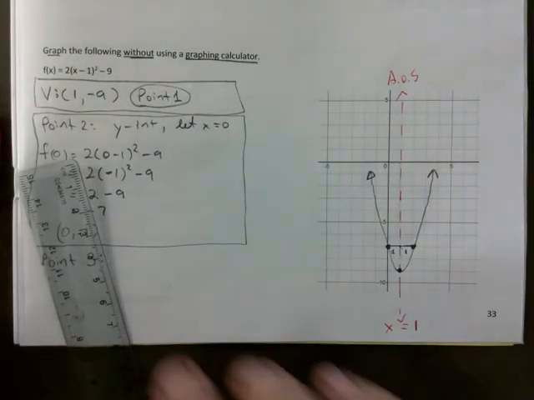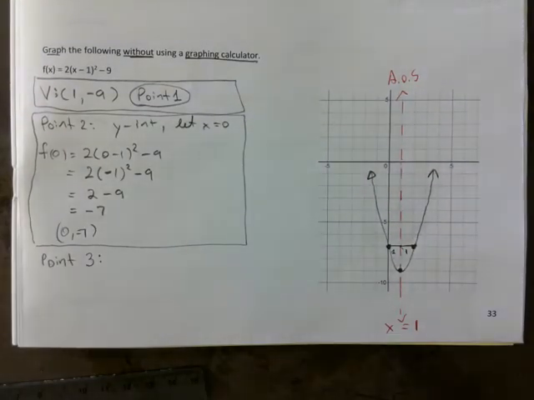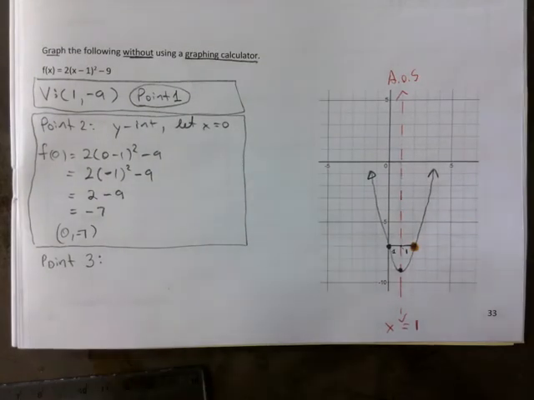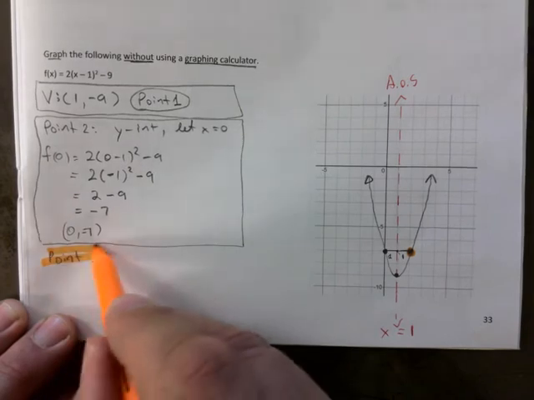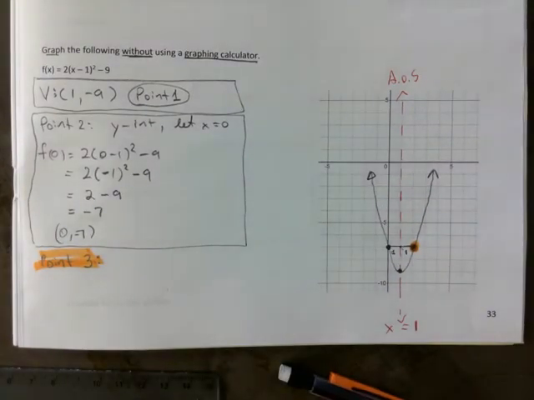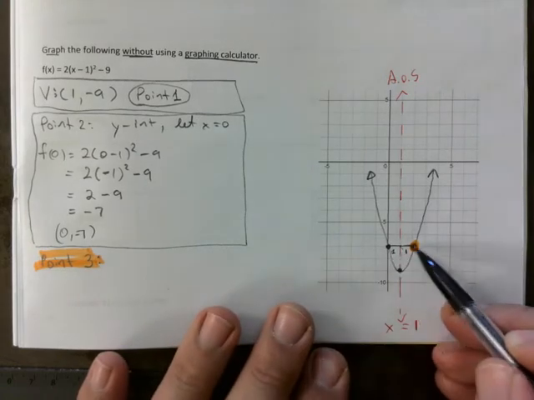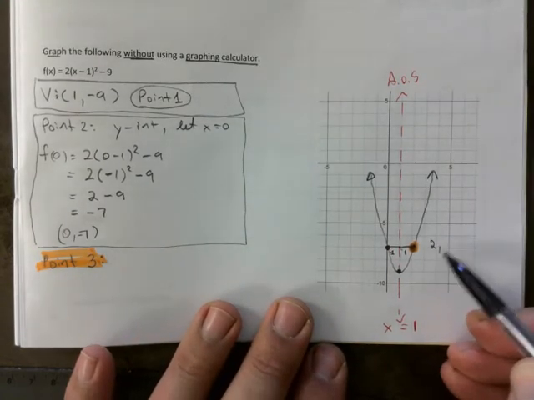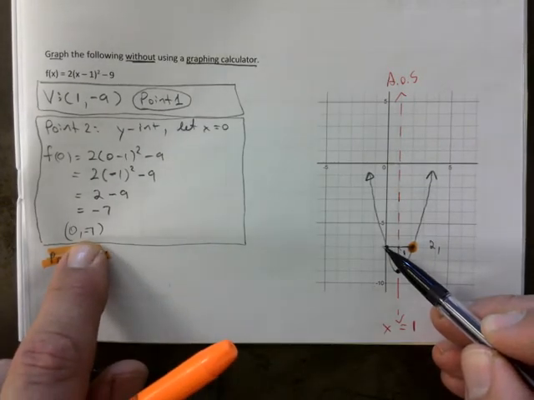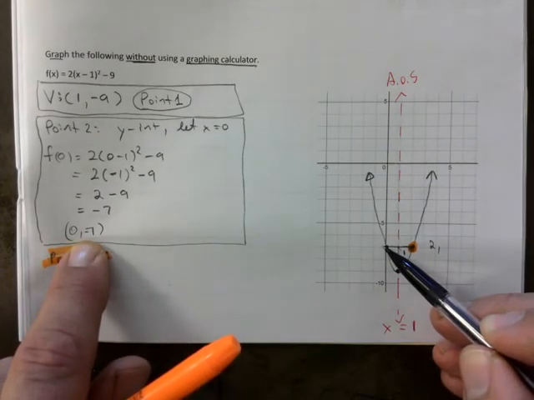How did you find that third point? We use the axis of symmetry. So I'm going to highlight that one. That's point number 3. This one. Okay. What are the coordinates of that point? 2, and it's the same as your y-intercept, right? It's the same. It's across, just across the street, right?